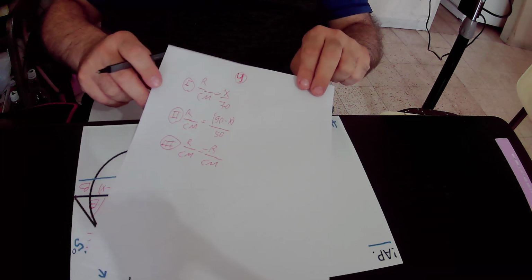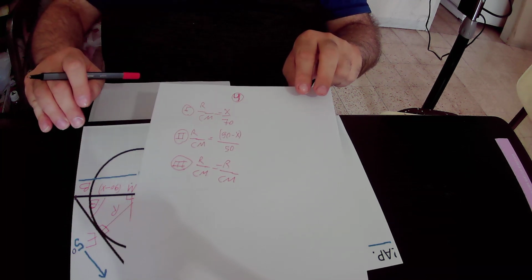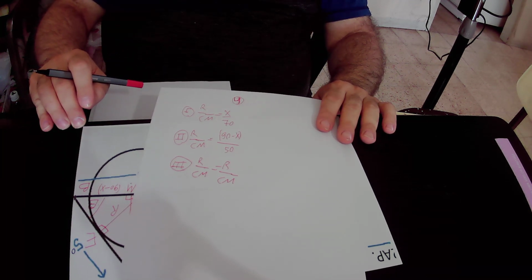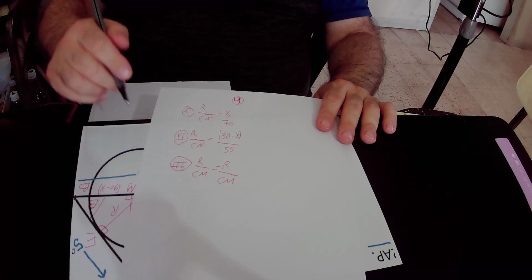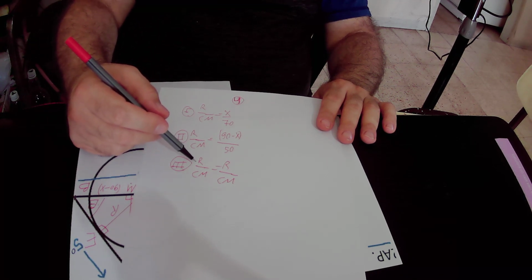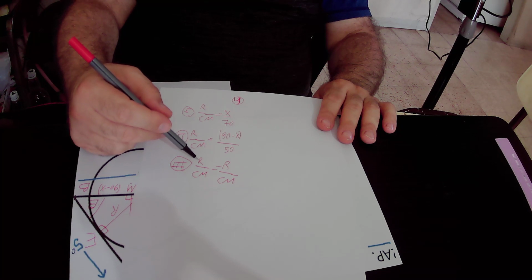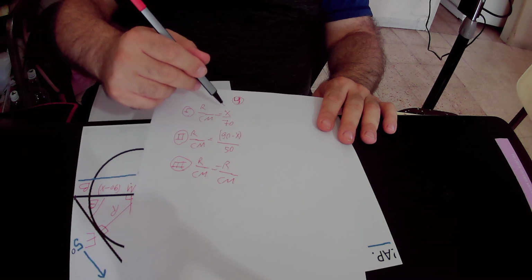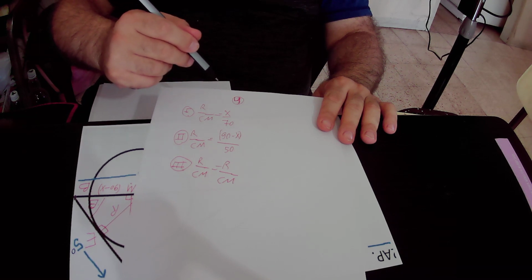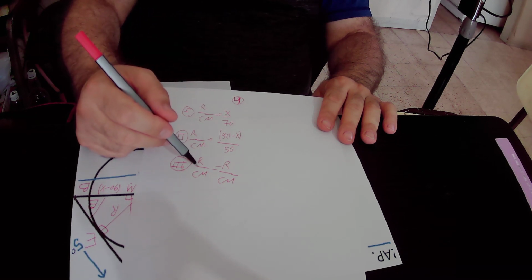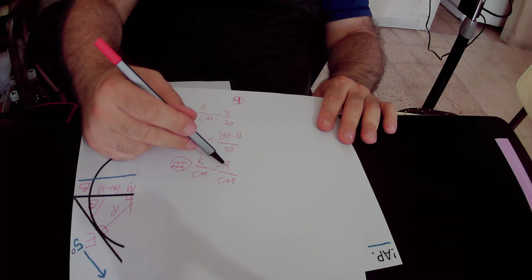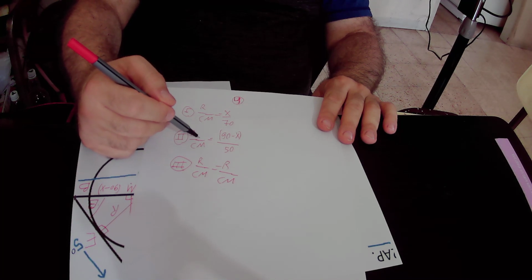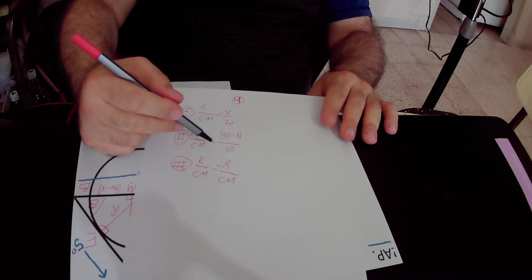R over CM equals R over CM. Now I will substitute R over CM by the value of R over CM in the first equation, and here I will substitute R over CM by the value of R over CM in the second equation.